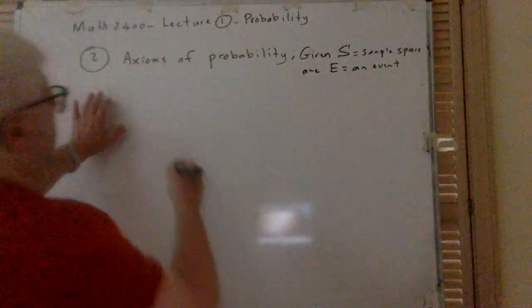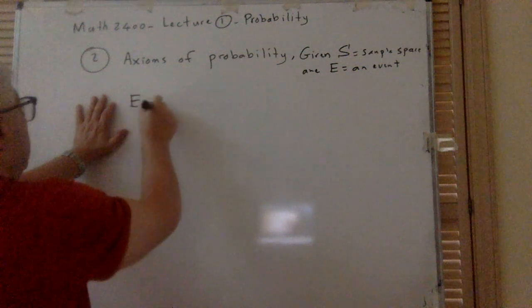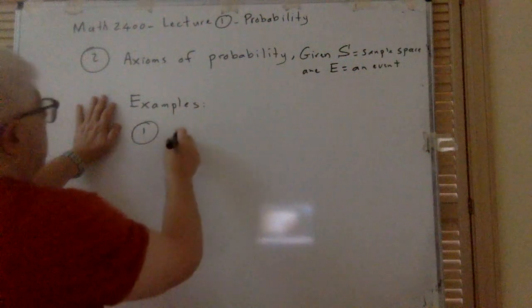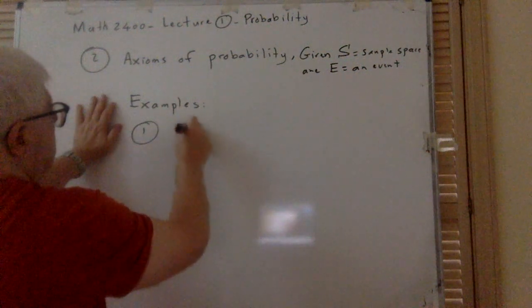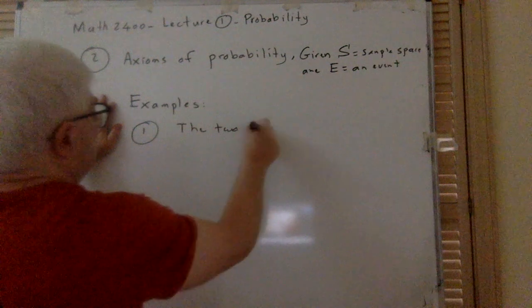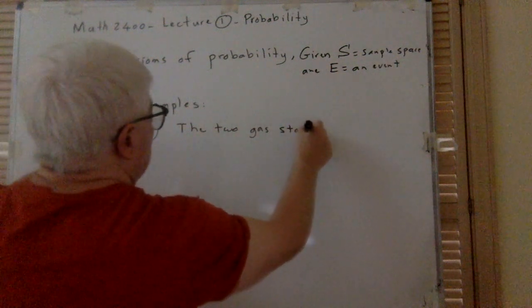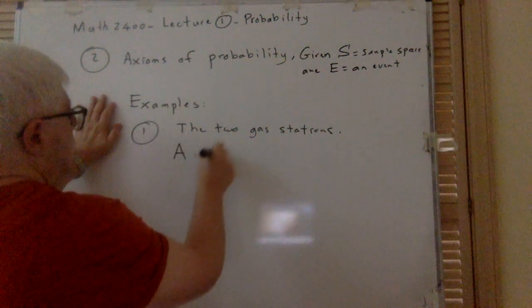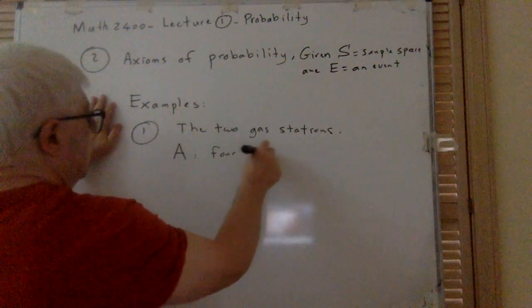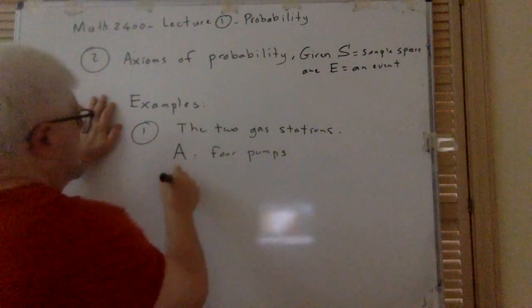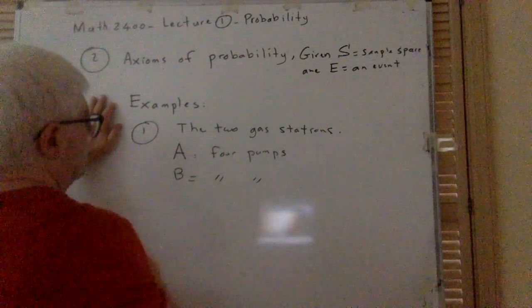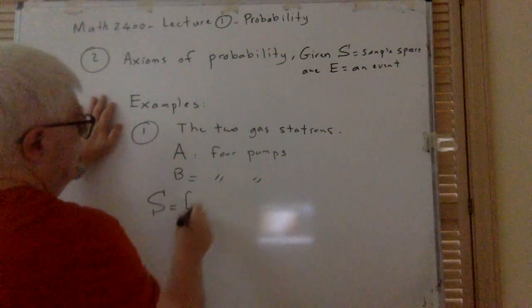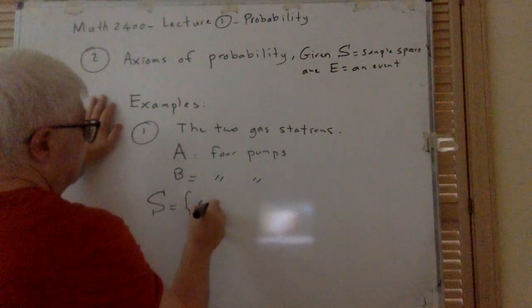An example, say, well, remember the two gas stations? Remember it was gas station A, 4 pumps, and gas station B, 4 pumps.